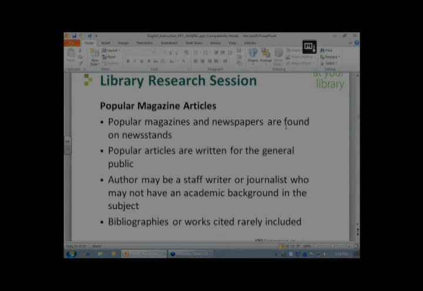Bibliographies and works cited are going to be more of a rarity on the popular side. You may find them, but chances are they're not going to be as in-depth or provide the kind of coverage, and they're not going to take the research to the level that the academic scholarly side would.